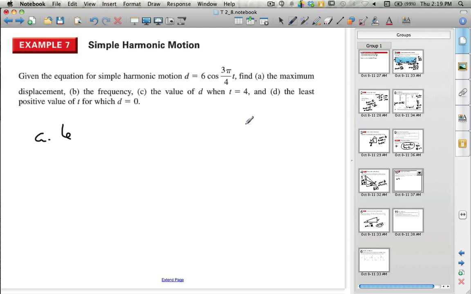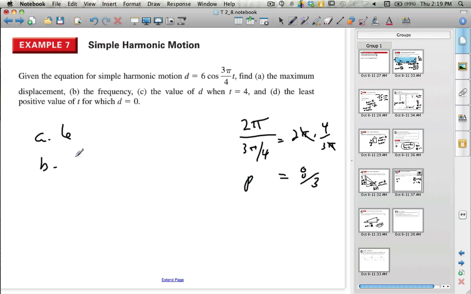So the period is going to be 2 pi divided by 3 pi over 4, which would be 2 pi times 4 over 3 pi. Pi's will cancel. I'll have 8/3. That's the period. So that means the frequency is the inverse of that. It's 3/8.